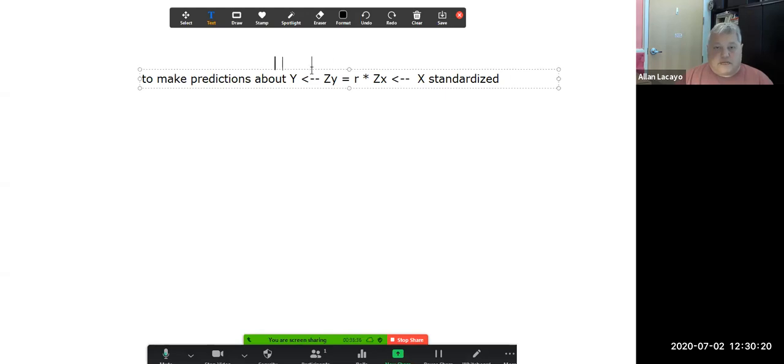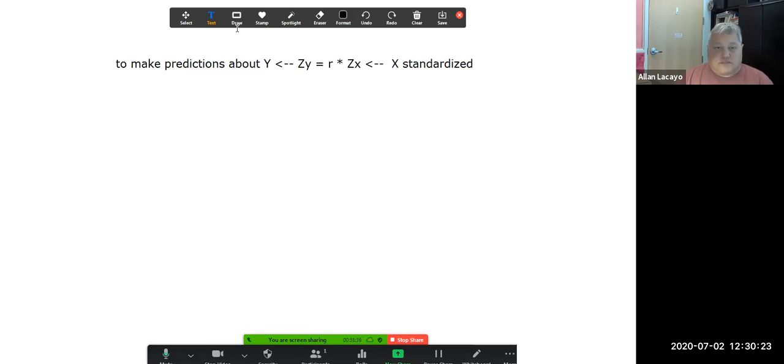And this process that I just described is called simple linear regression.